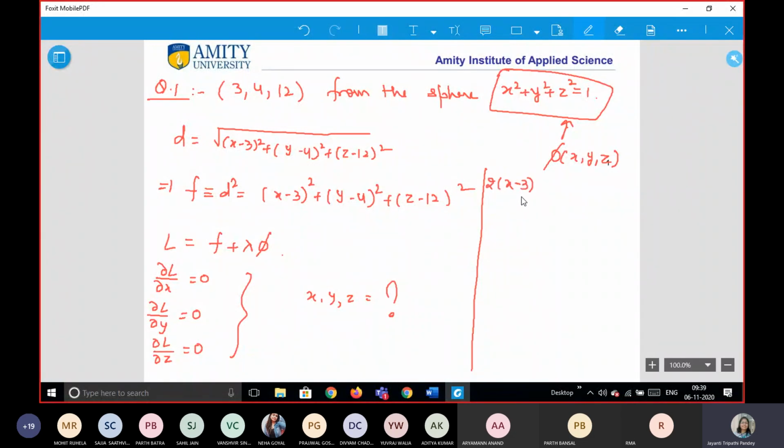2x minus 3 plus lambda into 2x equals to 0. Is this fine? Yes, ma'am. I'm writing it again to make you understand what phi is. So that will give you 3x minus 3 plus lambda x equals to 0.